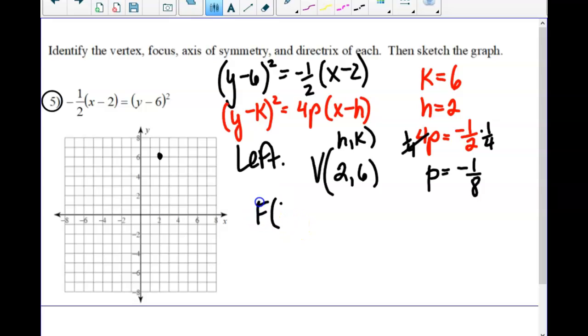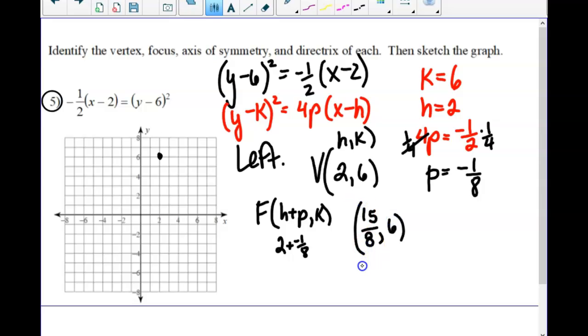The focus was h plus p comma k. So can you type 2 plus negative 1/8, guys? I would prefer a fraction, but I will take a decimal, but you shouldn't round it. Be 1 7/8, which is 15/8. As a fraction, it's 15/8, comma k, which was 6.